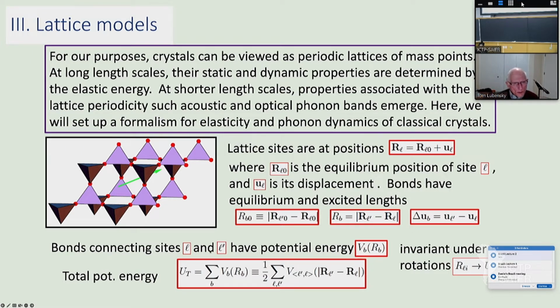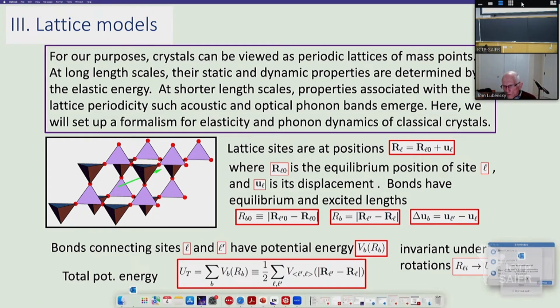And these bonds then are connected by a potential energy, which is invariant with respect to rotations in the target space. So it's a function of R_b, and that is invariant under R_l goes to U_ij R_lj.